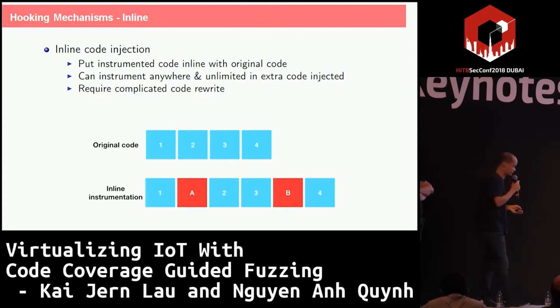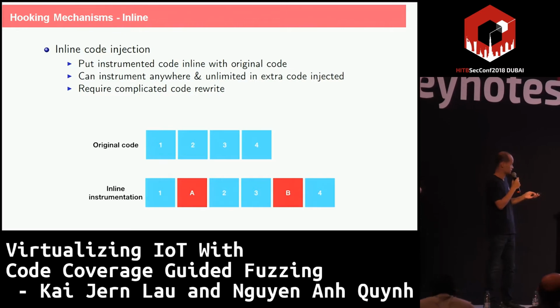However, the big downside is this. The original code block 1 is here. Now we instrument it, and 1 is still in the same place in the memory. But because we put our own instrumentation code after 1, and after this code is running we need to execute the original code in block 2, you can see that the position of block 2 is shifted.